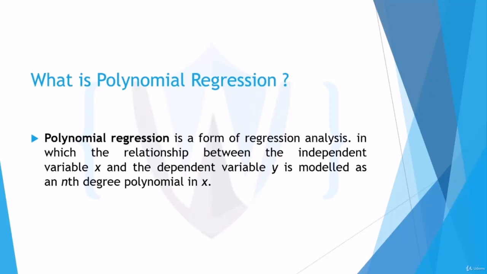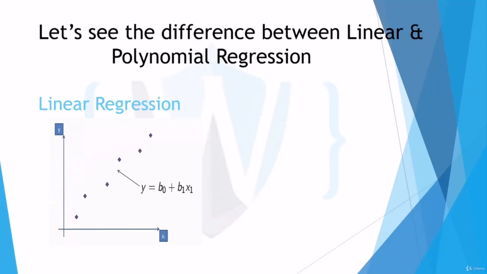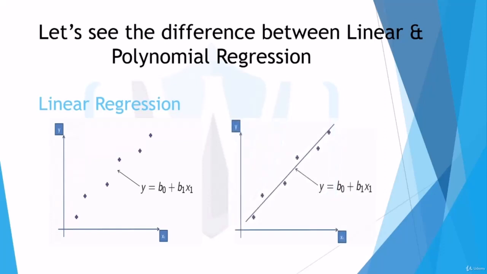Now let's see a small difference between linear regression and polynomial regression. As you can see in this plot, the data points are in a linear fashion, and the given equation y equals b0 plus b1 x1 is a linear equation. When we draw a line with this equation, we can see that the line satisfies all the data points in the plot.